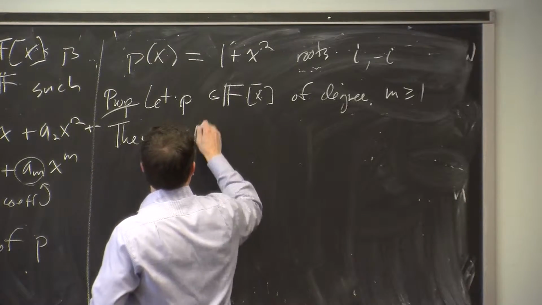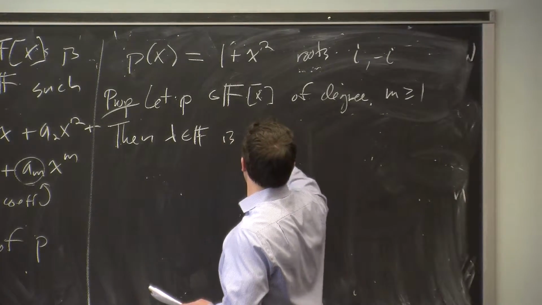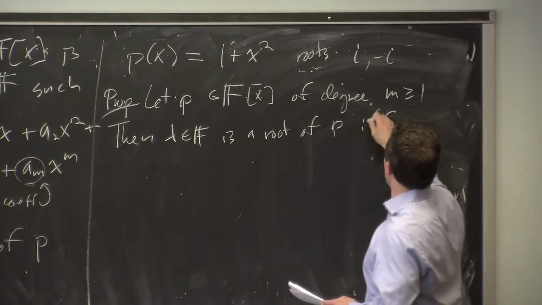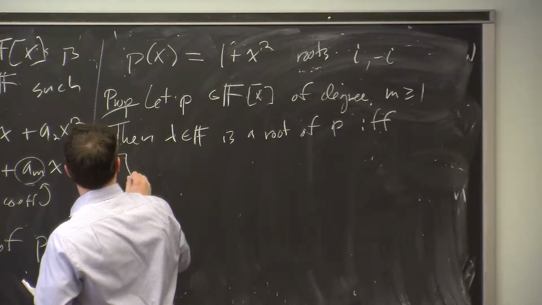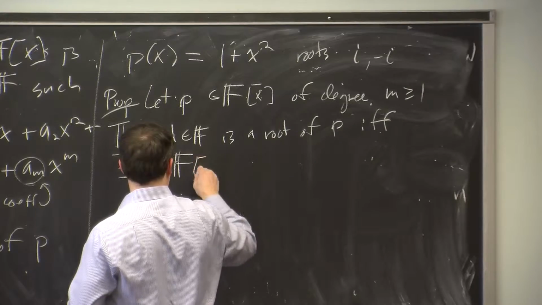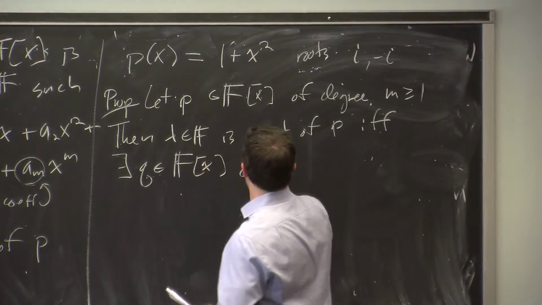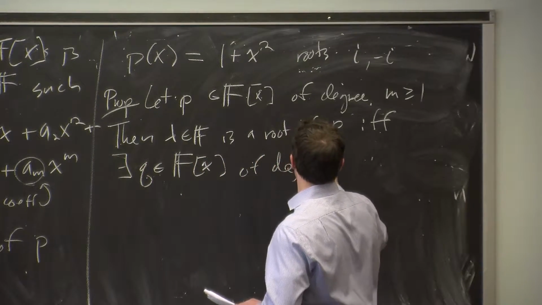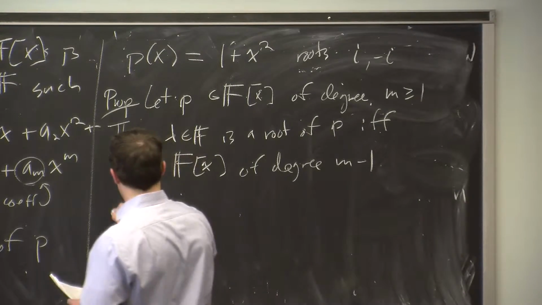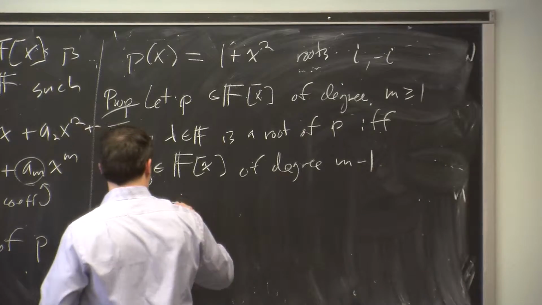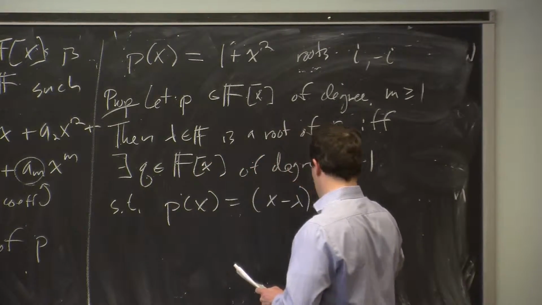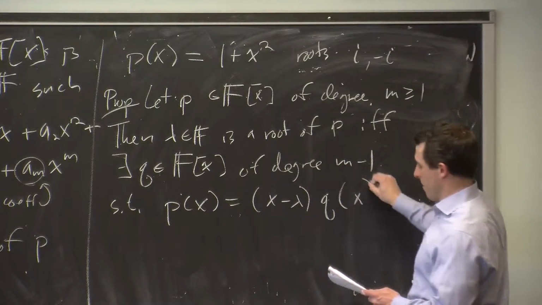Then lambda is a root if and only if there exists a q, another polynomial in F[x] of degree 1 less, such that I can factor p of x as x minus lambda times q of x.